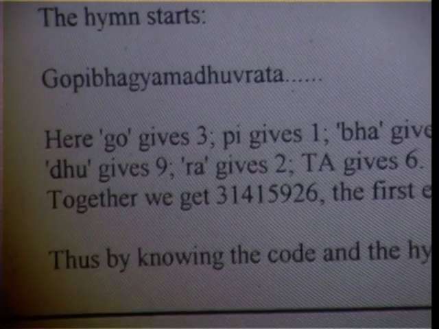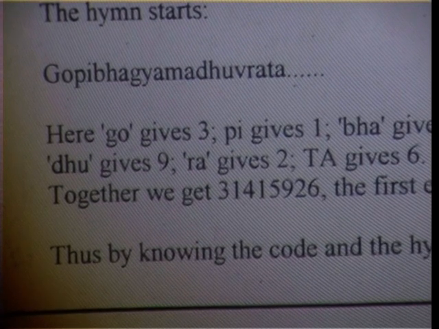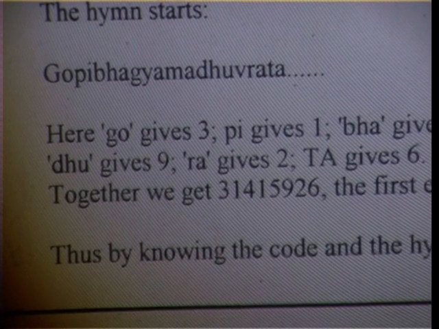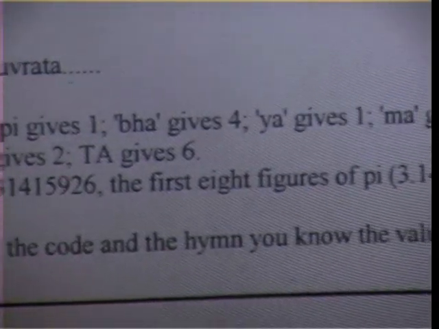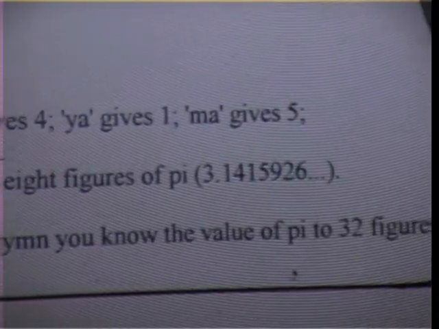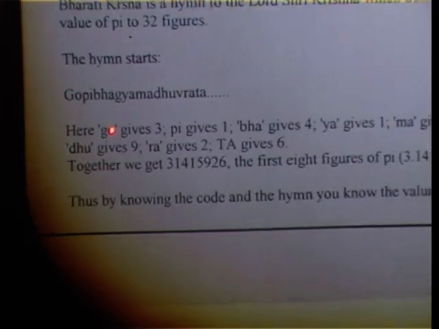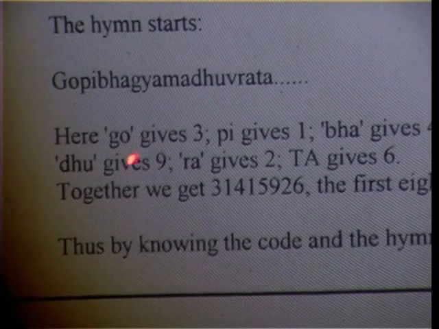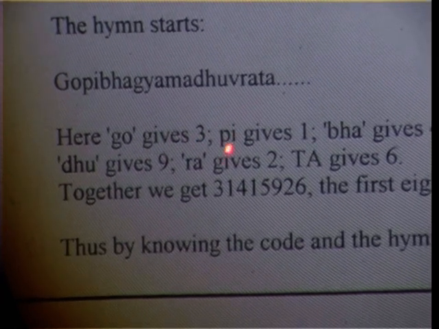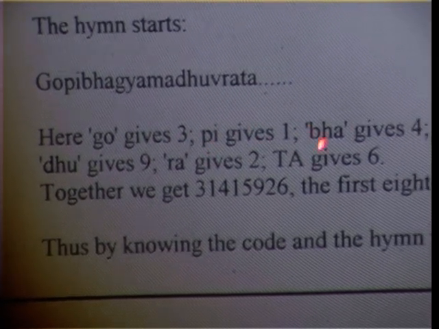So when they sang this song to Shankaracharya, here's 8 syllables: Go, Pi, Ba, Ya, Ma, Du, Ra, Ta. When they sang these sounds, they attributed certain values. So the word go had a value of 3, and the P sound had 1 and the Ba was 4.